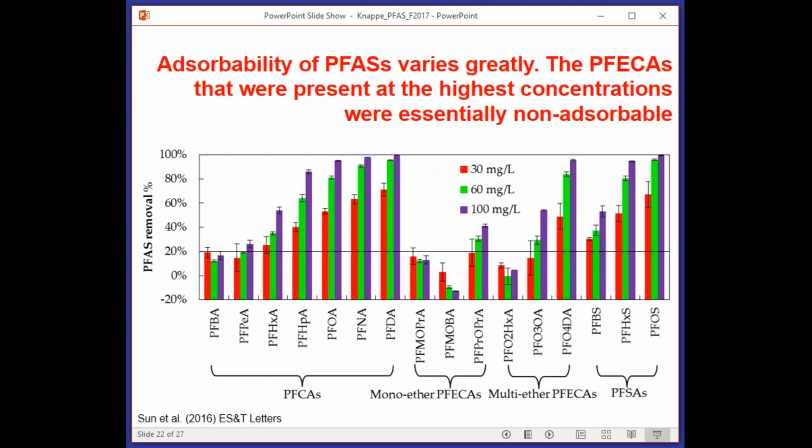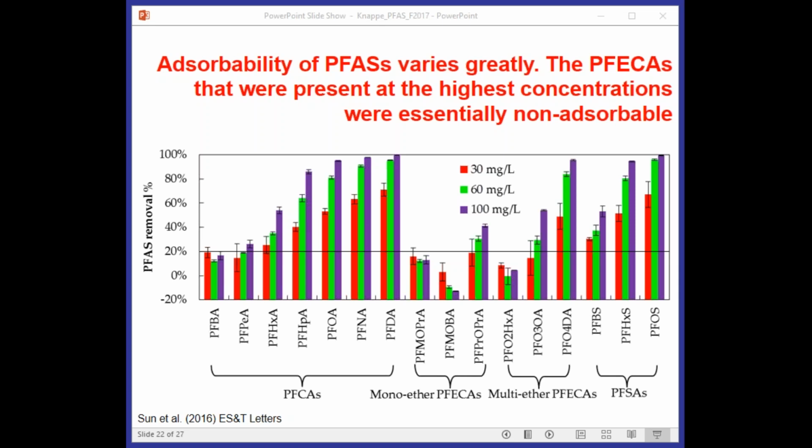So in this figure, this is kind of a busy one. You see PFAS removal on the y-axis, so percent removal. And then I grouped compounds by chemical class. On the left, we have the carboxylic acids. Then the next group is the monoether carboxylic acids.